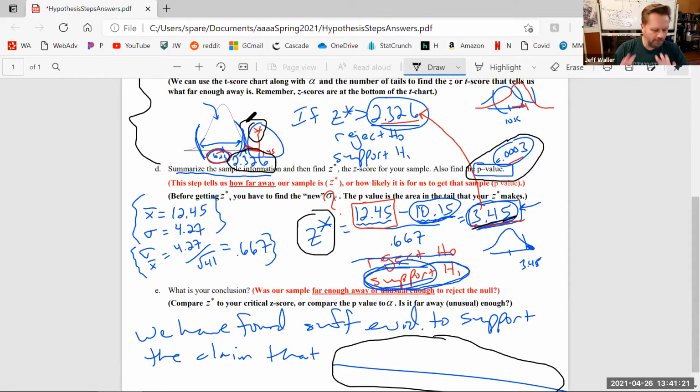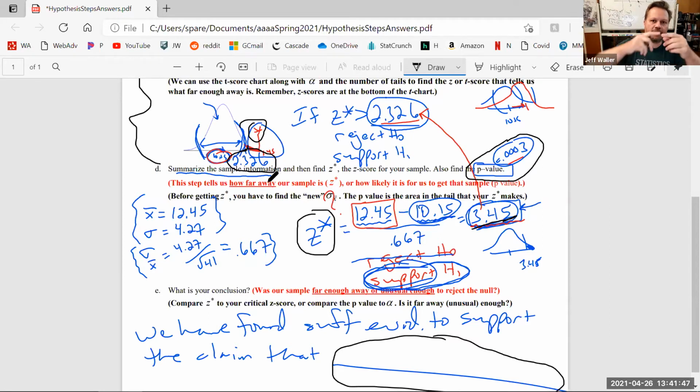All right. So there's a couple things happening at once here. We're talking about specifics and we're talking about concepts. And it's always a hard thing to talk about both at once. So let me do this. Let's focus on Z star. All Z star is the Z score we calculate. I call it Z star just to differentiate it from this Z score.